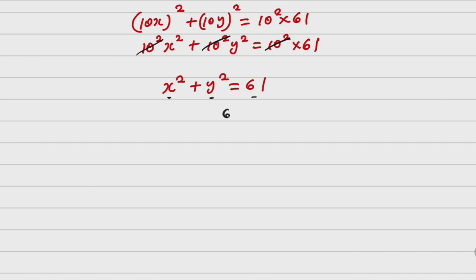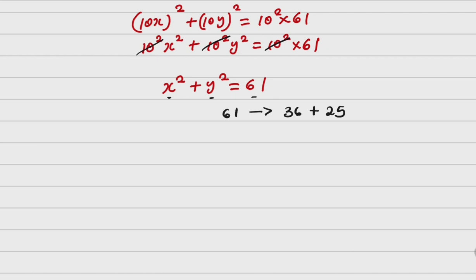Do you know that 61 is the same thing as saying 36 plus 25? Yes. So you can see that we can rewrite 61 in the form of a sum of two squares.